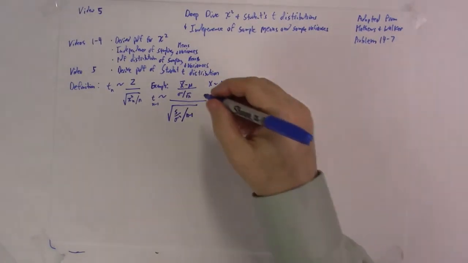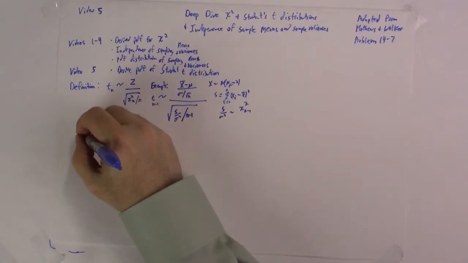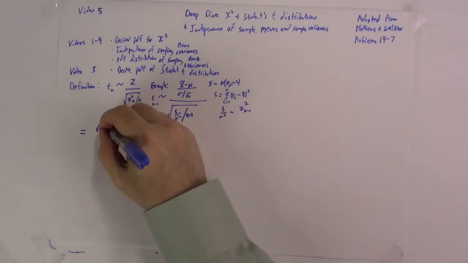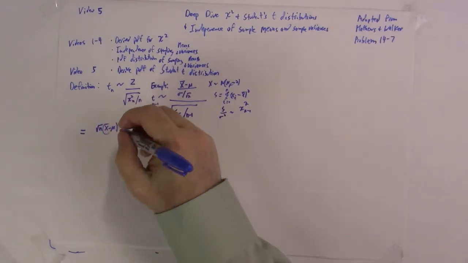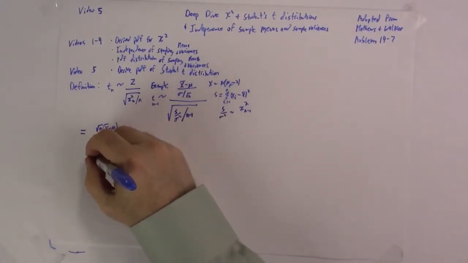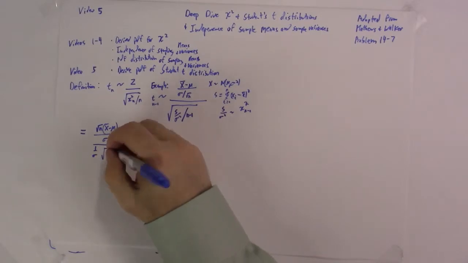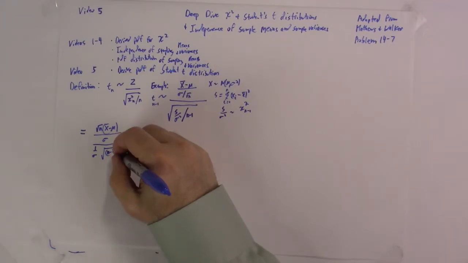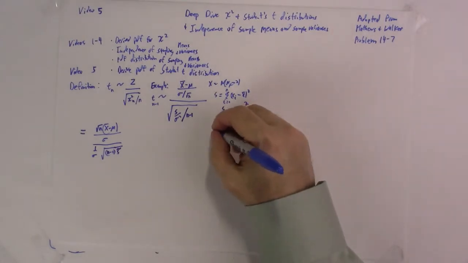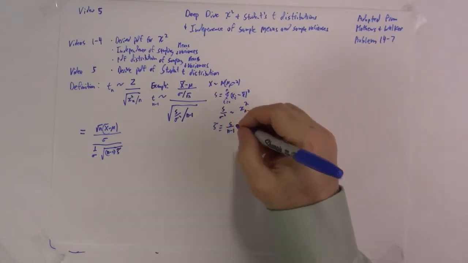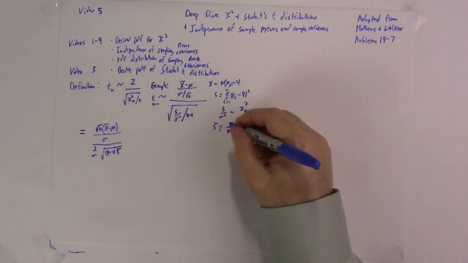And now I'm going to maneuver this. So this is equal to the square root of n times x bar minus mu divided by sigma, divided by 1 over sigma times the square root of s tilde. Remember, s tilde is defined as s over n minus 1, so n minus 1 times s tilde is just s.